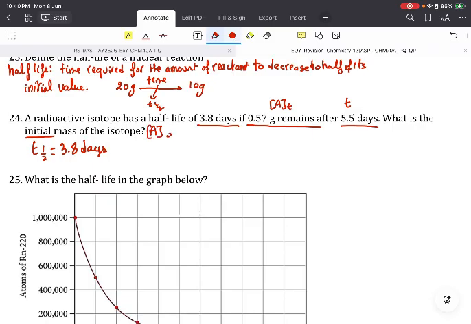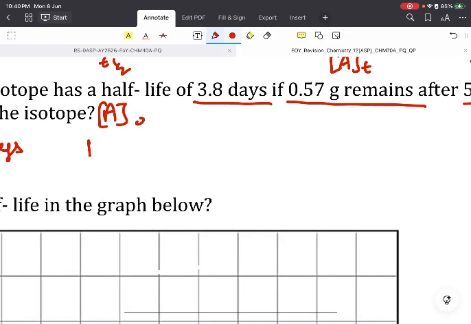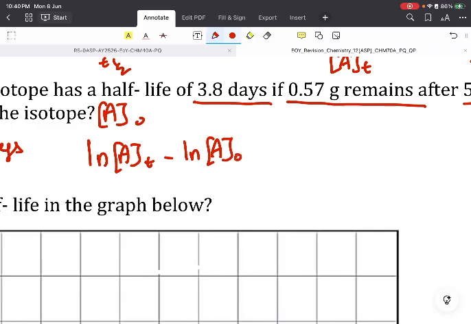So again, as I said, we're gonna use the formula in your formula sheet, which is ln A_T minus ln A0 equal minus KT.